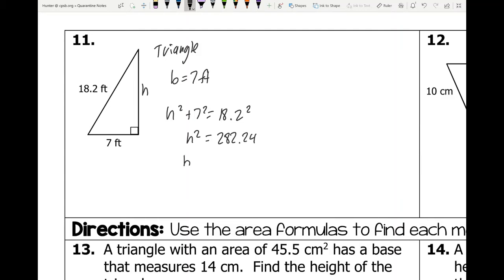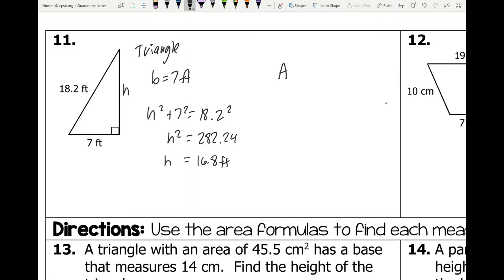Square root both sides to find the height. Square root of that answer, and we got that height is 16.8. And this is in feet. So now we can use our area formula, which is 1/2 base times height. So plug those 2 values in to find your area for that one.